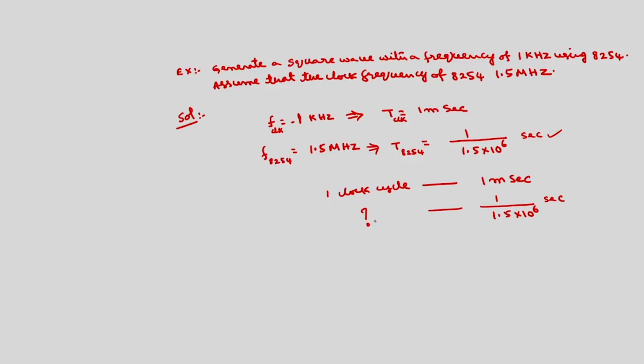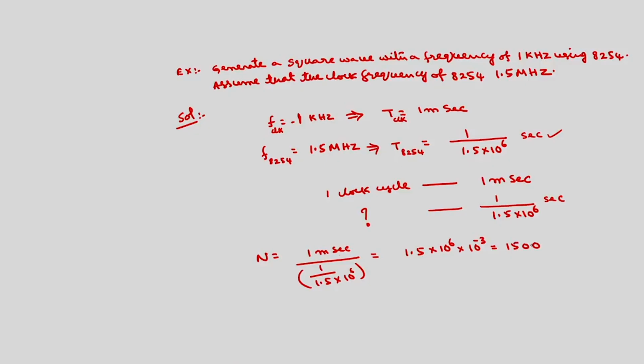So, the number of clock cycles n will be 1 millisecond divided by 1 by 1.5 into 10 raised to the power of 6. This will equal 1.5 into 10 to the power of 6 into 10 raised to the power of minus 3. So, this is equal to 1500.